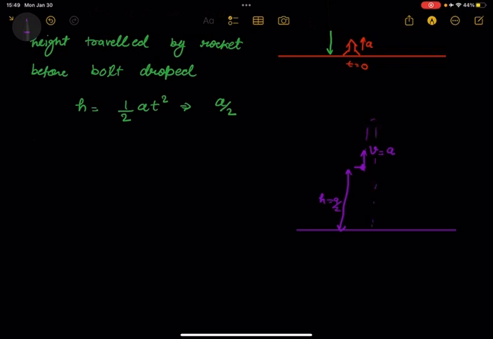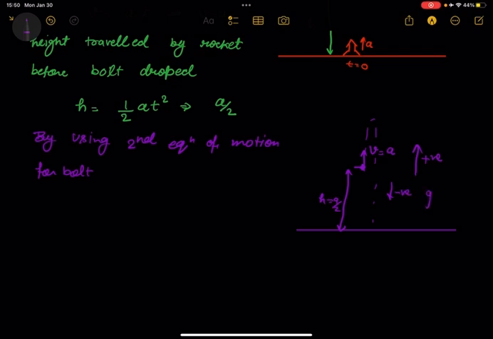We use the second equation of motion for the bolt, taking upward direction as positive, downward as negative, and acceleration g acting downward.